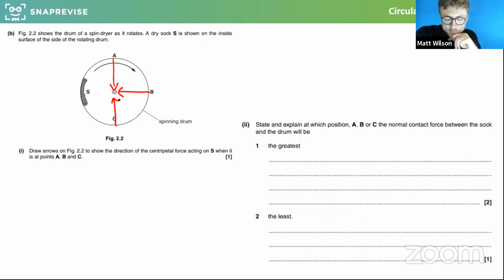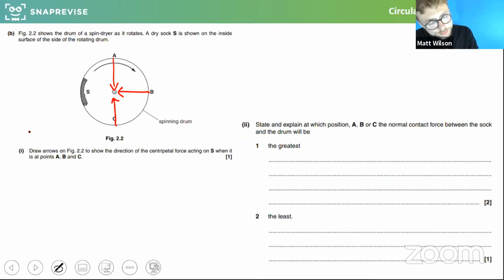State and explain at which position, A, B, or C, the normal contact force between the sock and the drum will be the greatest. Okay, so I think this is a really nice one to have a guess at first. So we have a sock which is on the surface of a drum.